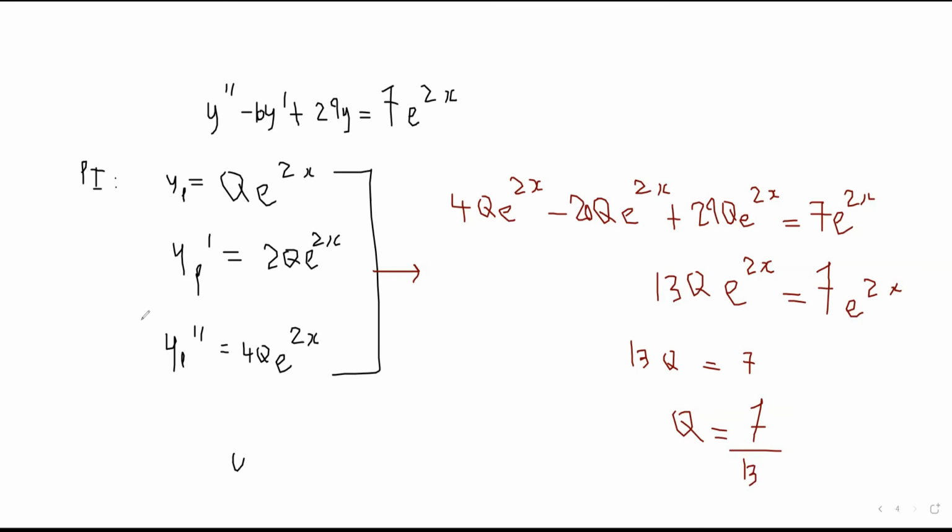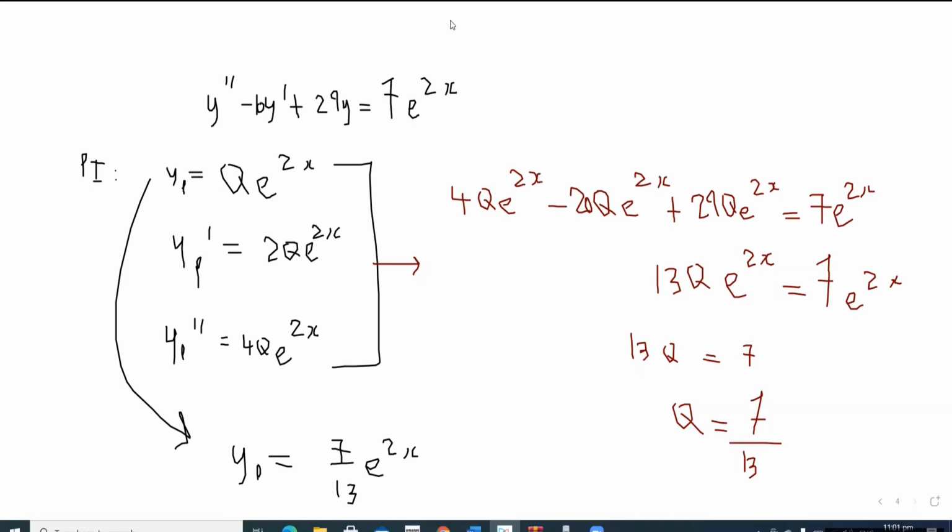Our particular solution from here is y equal to 7 over 13 e to the 2x. That's what we get. Nice.